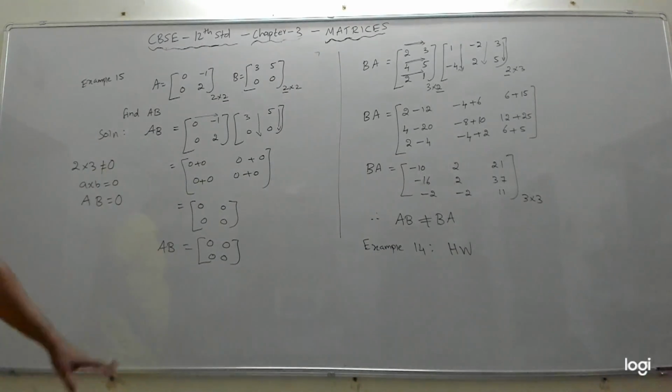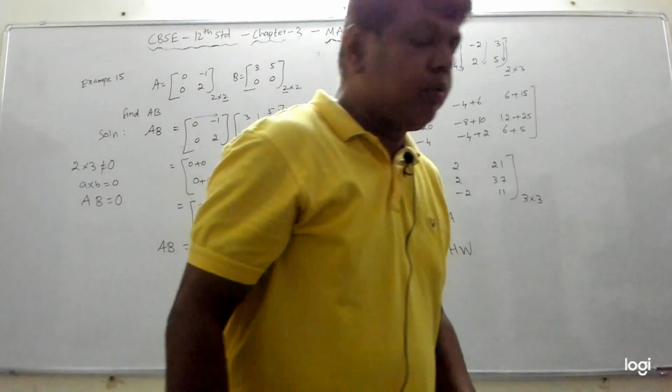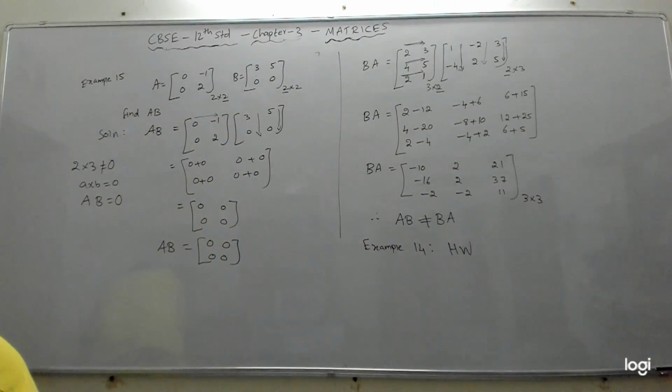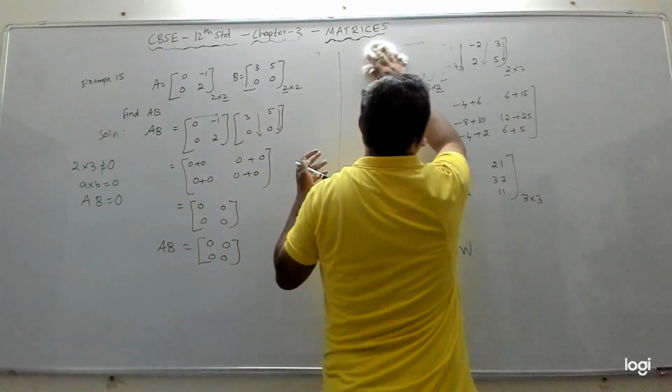Example 15 we did. We will go to the properties of multiplication of matrices. So let me erase this.